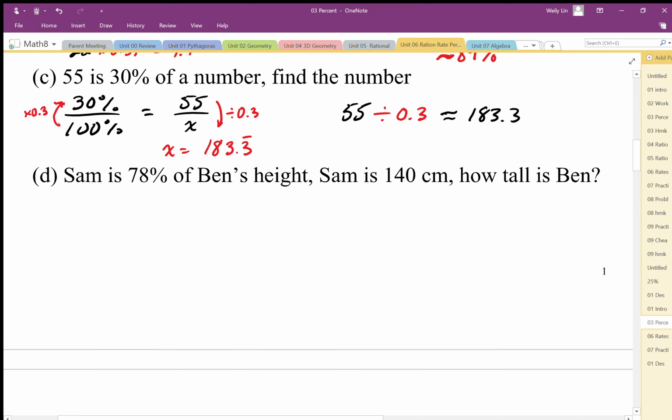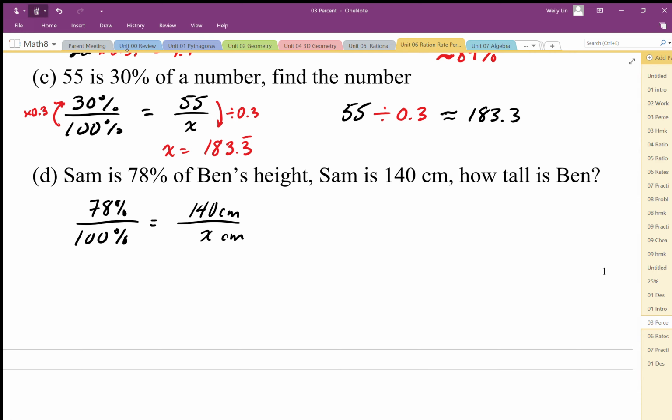Sam is 78% of Ben's height. So Sam is the 78%. Ben would then be the 100%. We need to then compare heights. We're going to compare the 140 centimeters to the unknown height. We have our bottom to top multiplier, which is our 0.78.